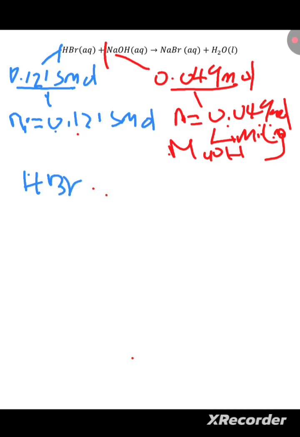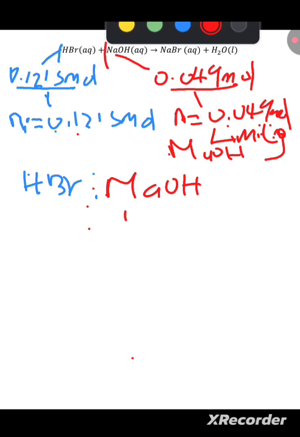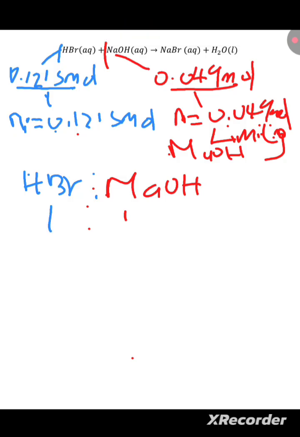HBr is to NaOH. The ratio is 1 is to 1. Now, we know that all the number of moles for the limiting reagent will get consumed, but it will be consumed by how many moles from this side?